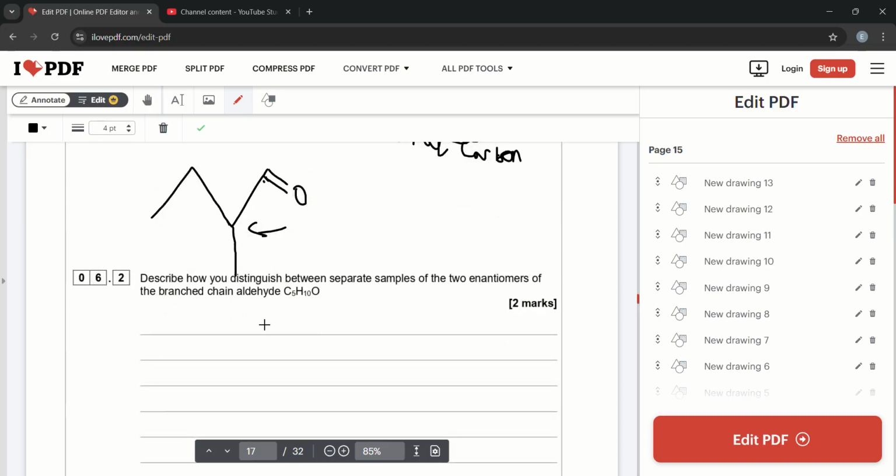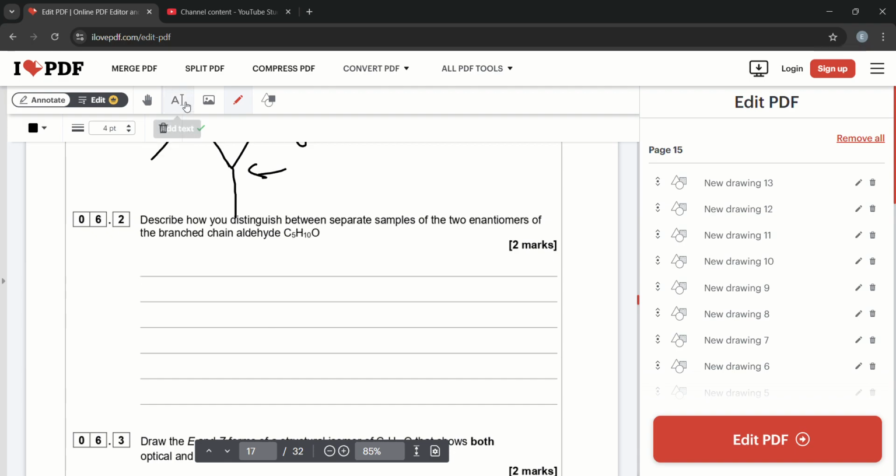Then it says 6.2. Describe how you can distinguish between separate samples of 2 enantiomers of the branched chain aldehyde C5H10O. Now this question doesn't sound that straightforward, but it's pretty straightforward as long as you know about enantiomers.